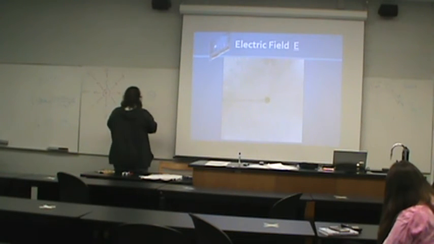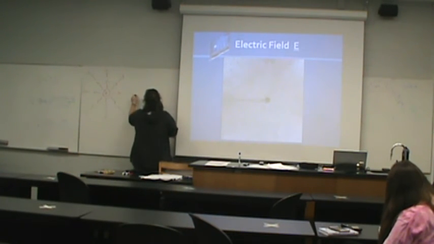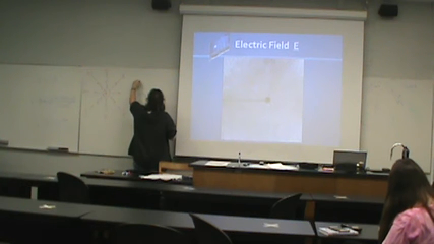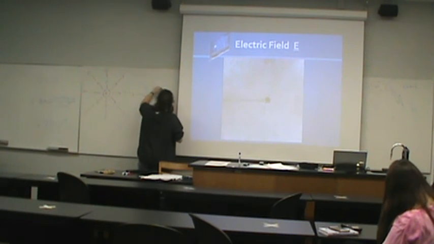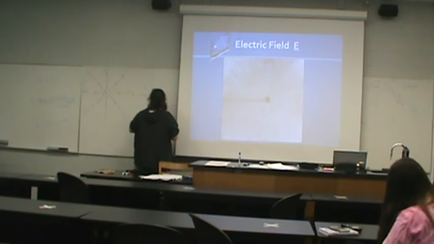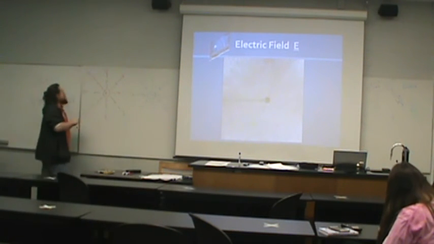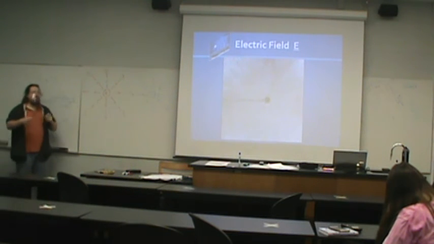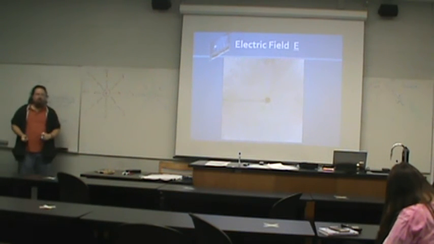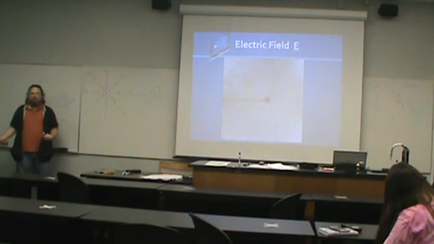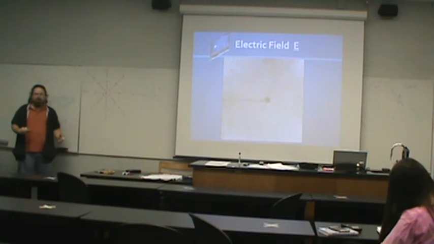And electrons create field vectors that point into themselves. All protons are constantly just exuding this field out of themselves. And all electrons, they also have a field, but it points in the opposite direction, which is why you have the opposite charges. It's the same type of field, it's just pointing in a different direction.